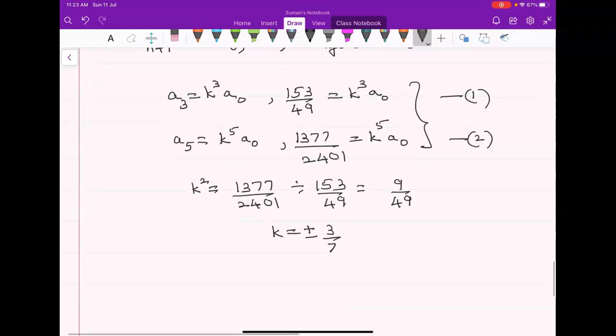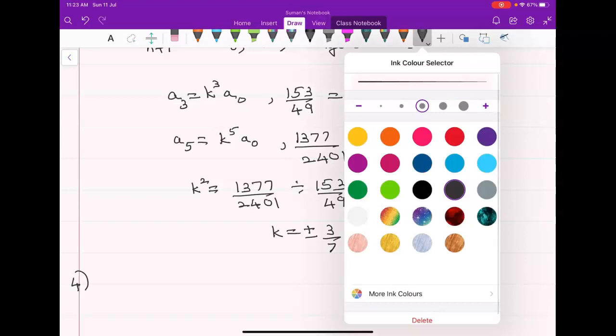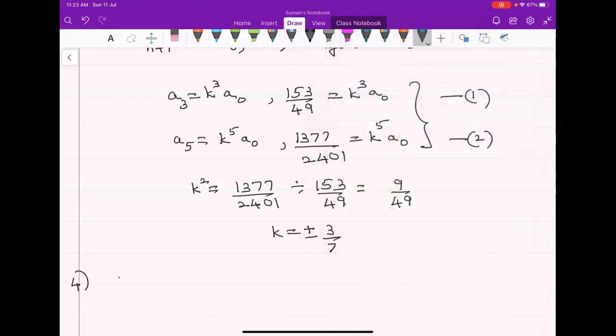Now coming to the next question, I think this would be question 4. If (a_{n+1}) squared equals 5a_n squared, where a_n is greater than 0, n greater than or equal to 0, a_0 equals 2, you have to find a_12.